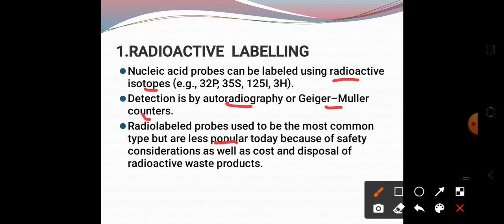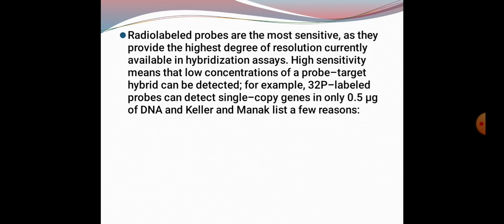The beta energy can cause cancerous cells to develop. There is also the cost and disposal of radioactive waste products. So this type of labeling is not used because of the cost as well as the safety issue.